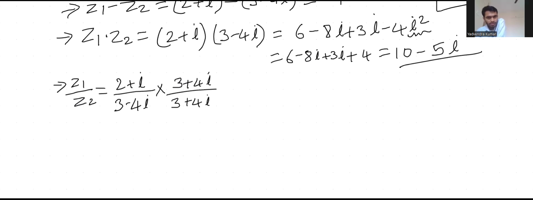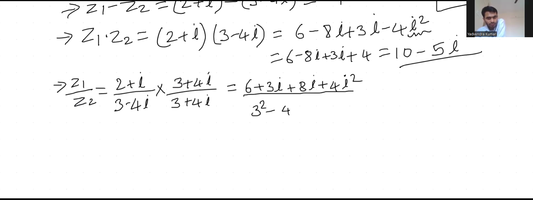The numerator is going to be 3 into 2, 6, and plus 3 iota, and 4 into 2, 8 iota, and plus 4 iota square, and the whole divided by 3 square minus 4 iota square. So numerator is going to be 6 plus 11 iota minus 4, and the denominator is going to be 9 minus 16 iota square.